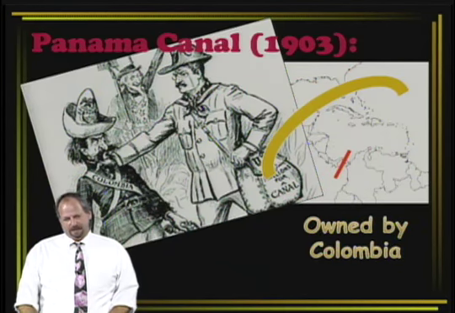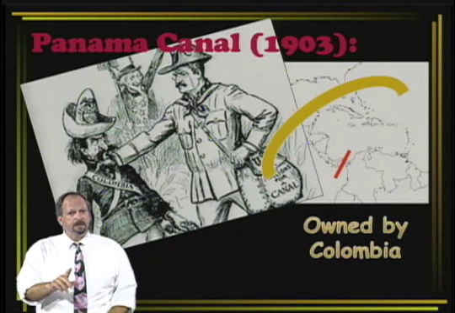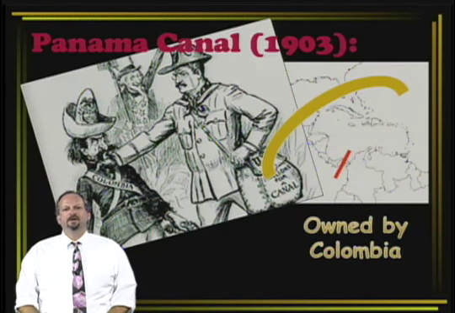The United States, Theodore Roosevelt, is going to back an independence movement of Panama, where Panama would secede from Colombia and declare its independence. Immediately, Theodore Roosevelt recognized Panama as a legitimate government, a sovereign nation, and one that deserved our protection.